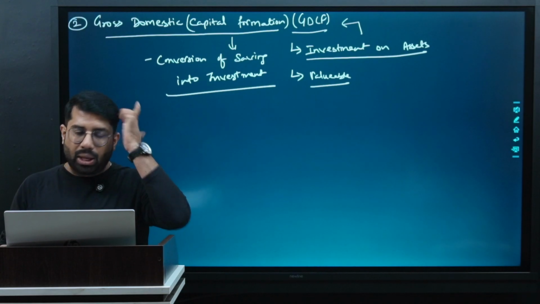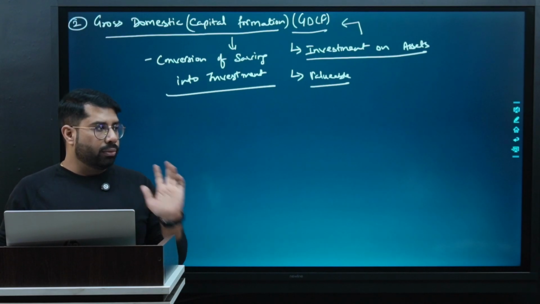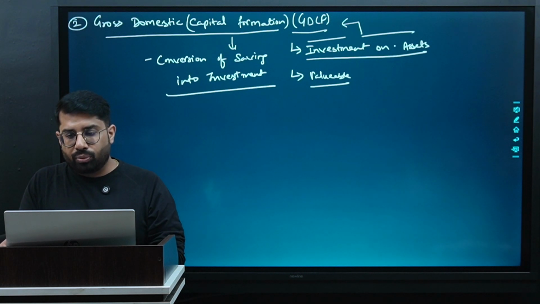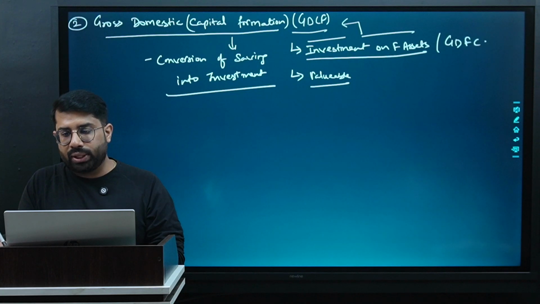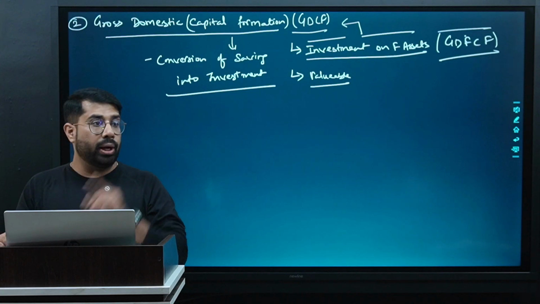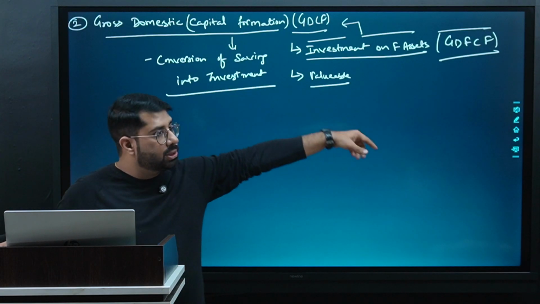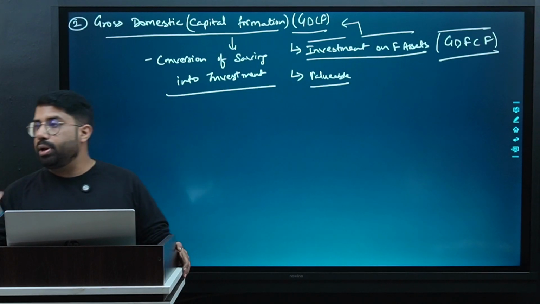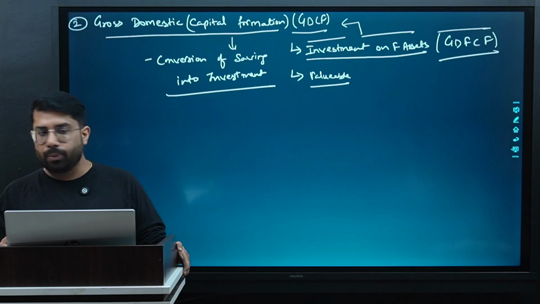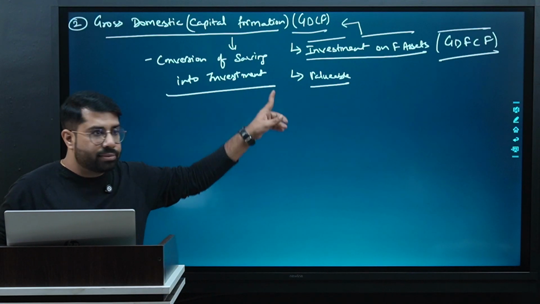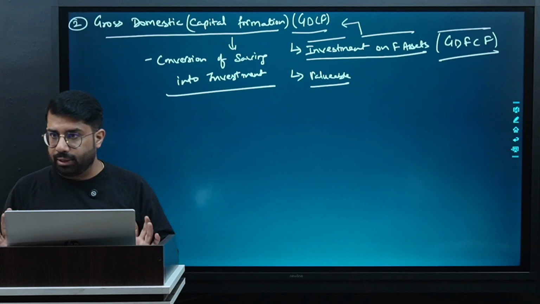Specifically, I'm mentioning a term here so that you don't get confused while doing the questions. When you do investment on fixed assets, we call it gross domestic fixed capital formation, GDFCF. Please don't get confused with GDCF and GDFCF. GDFCF is not GDCF.